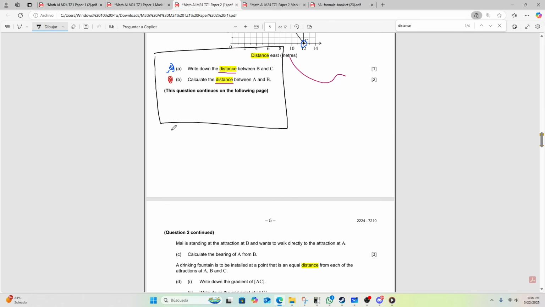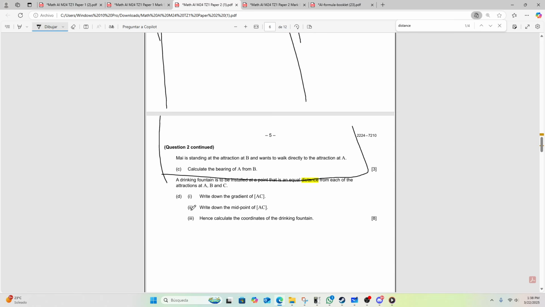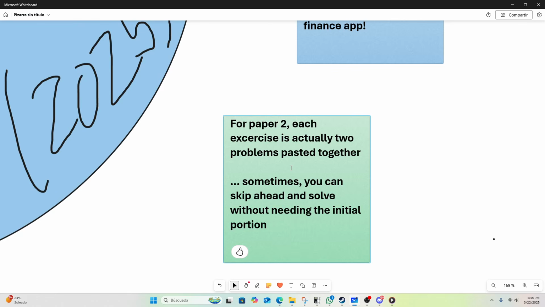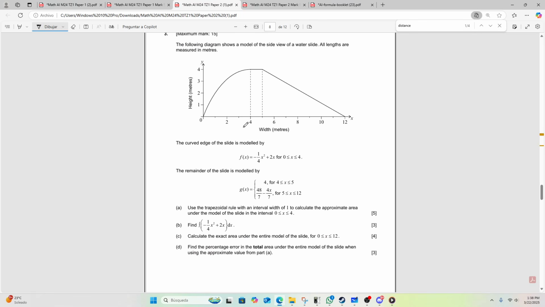I'm pretty sure that A, B, and C might be related to each other. More now that I think about it, that's probably what's happening. A, B, and C are related to each other, but you can probably find the rest of it without needing the other stuff. Probably. I'd have to look more carefully. But generally, each exercise is actually 2 problems pasted together. Maybe number 3 has a more clear example.